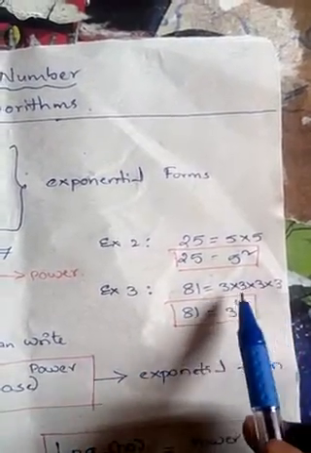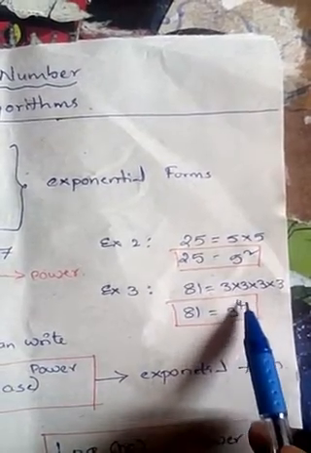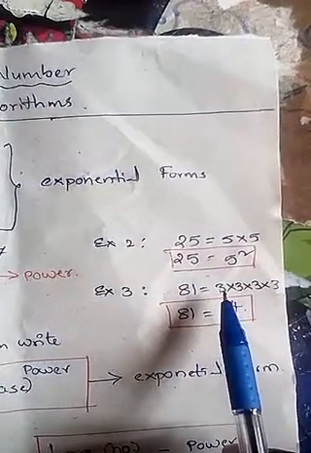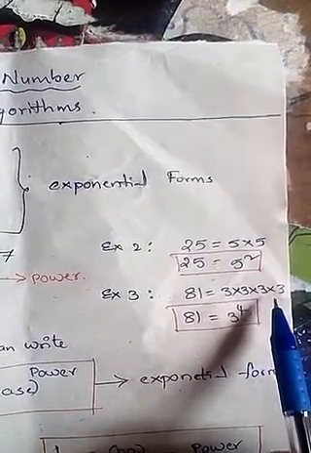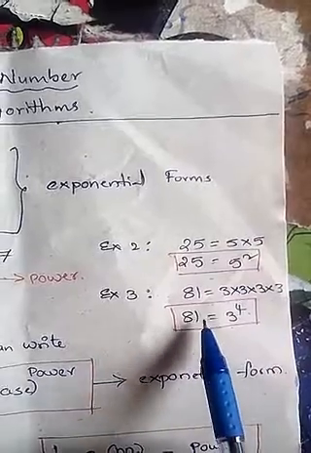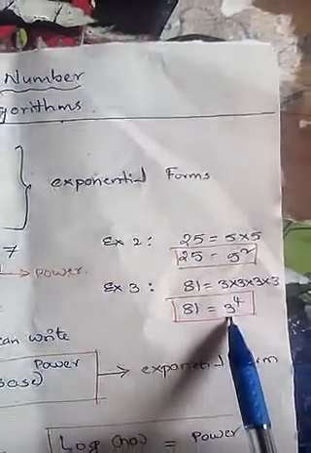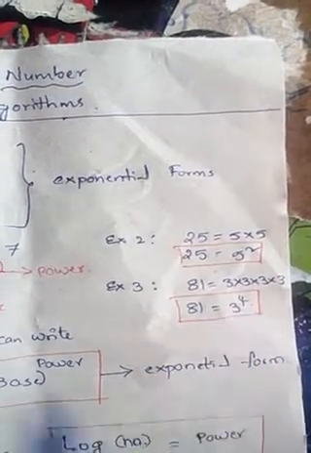So 4 times are there. So 81 equals 3 to the power of 4. Here 81 is called a number, 3 is called base and 4 is called power.